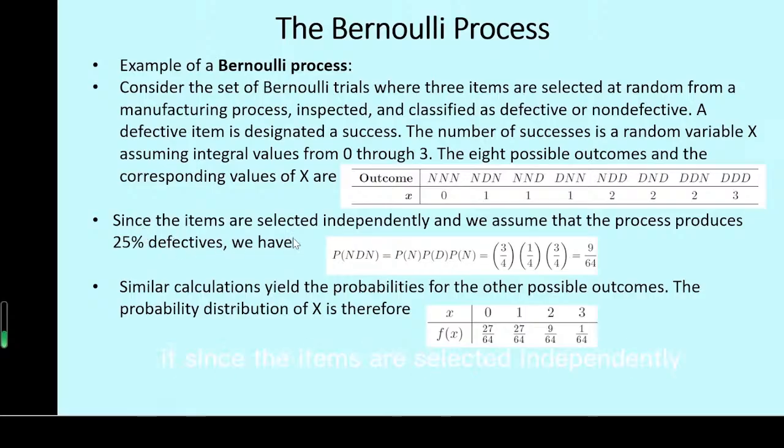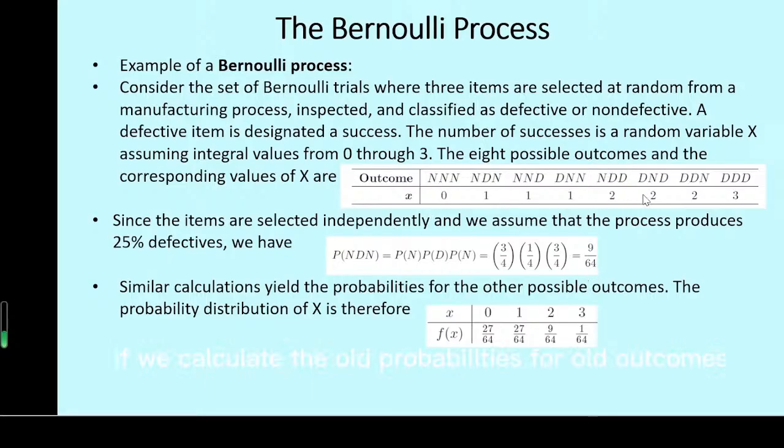Since the items are selected independently, and we assume that the process produces 25% defectives, for example, for the outcome N D N, we can calculate the probability as 3/4 times 1/4 times 3/4, because the result is N D N. The probability for this outcome is 9/64, right?